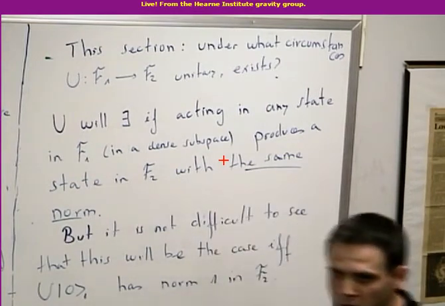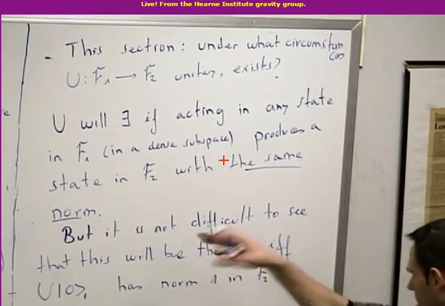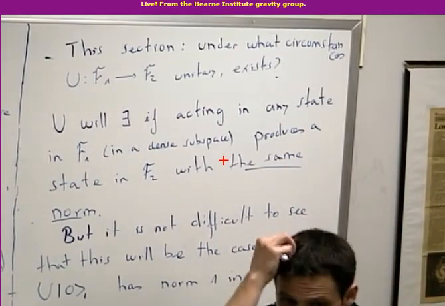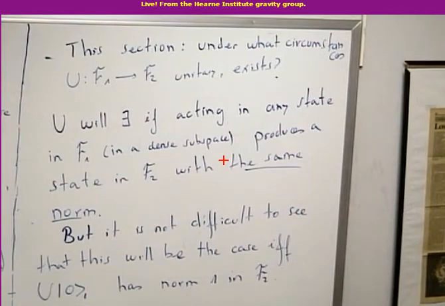In other words, if we check that for the vacuum, one can see easily that that will be the case. So all we have to prove is that acting on the vacuum, the resulting state has norm 1.